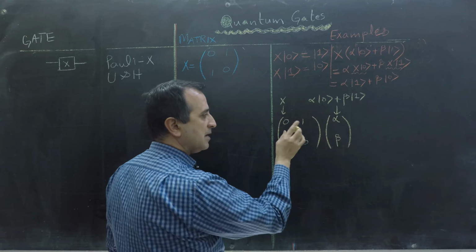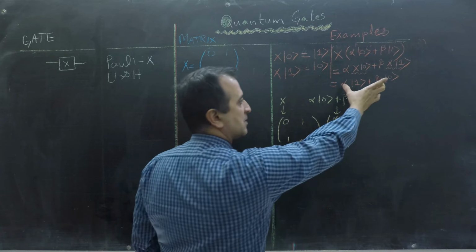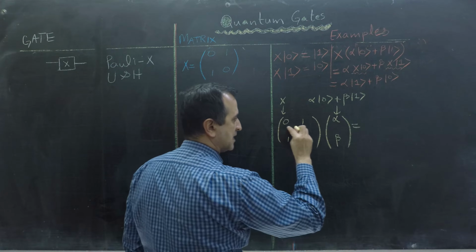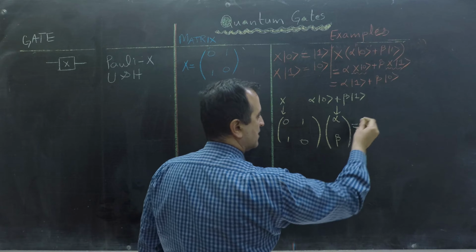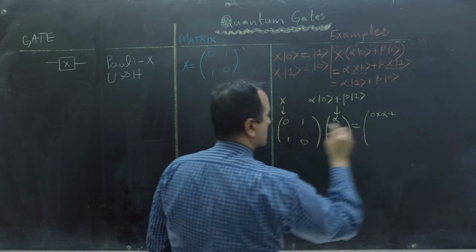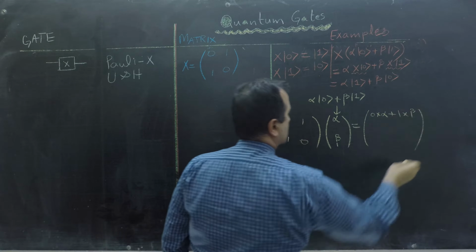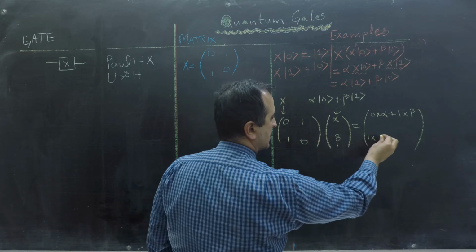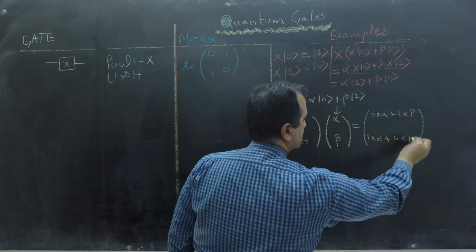Now I multiply this matrix with this vector to see if I get the same result or not. I multiply the first row with the column, getting 0 times alpha plus 1 times beta, which is beta. And here I will get 1 times alpha plus 0 times beta, which is alpha.